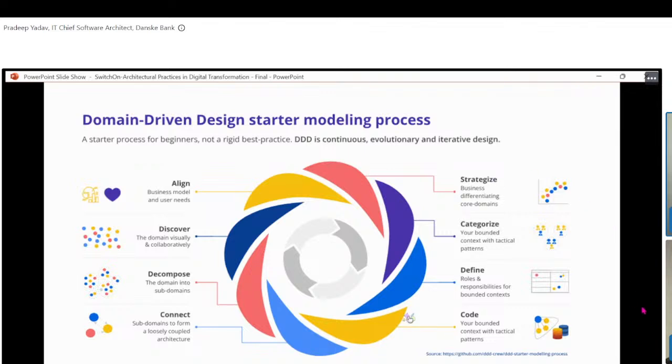And then we move to the next level, where we try to identify whether a bounded context can be a single deployable unit, or an aggregate could be a single deployable unit.